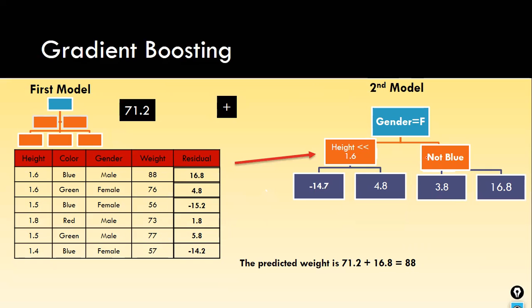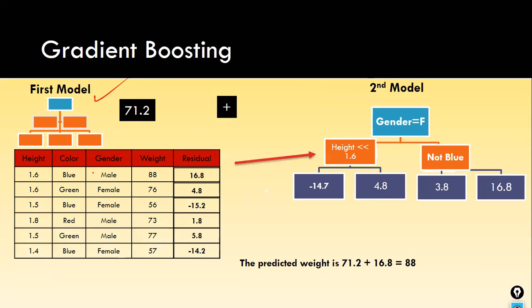Okay, the next one is the predicted value. What is the new predicted value? We have fitted the base data, so this is my first model, which I call the base model. Now, to find the predicted value, you need to add the previous model's predicted value.